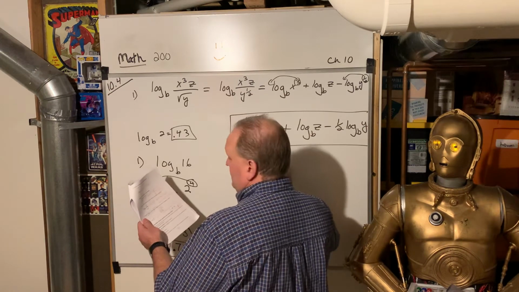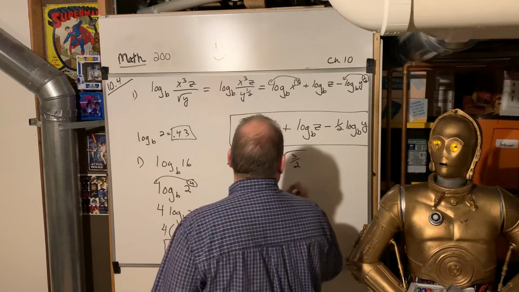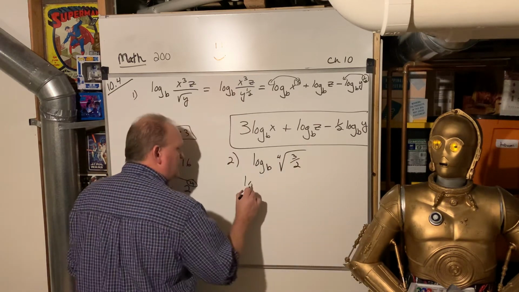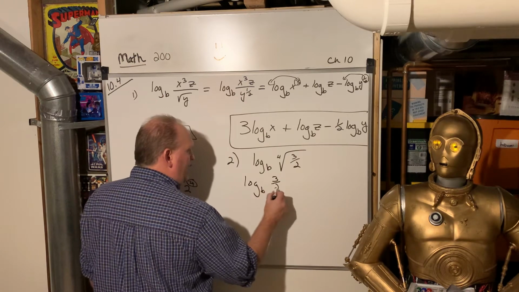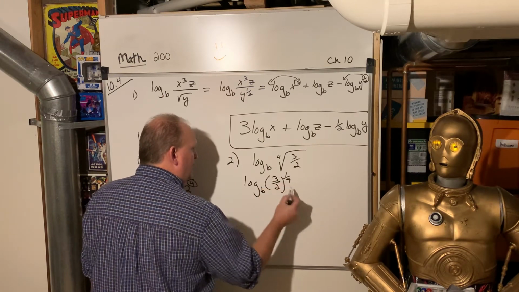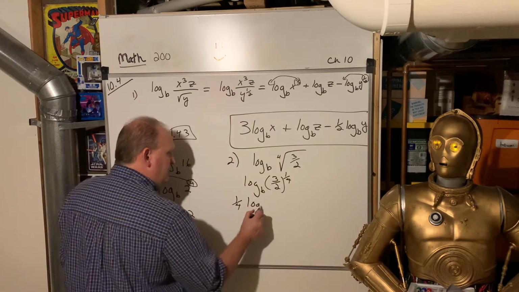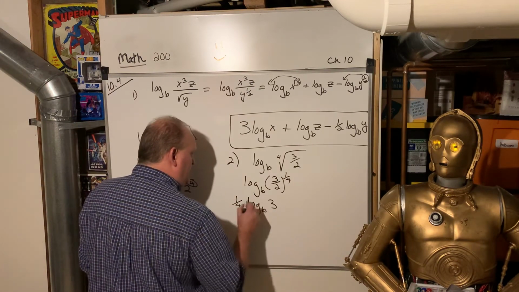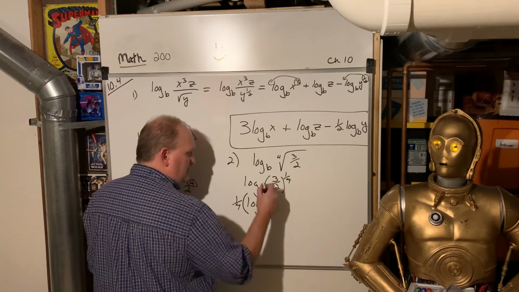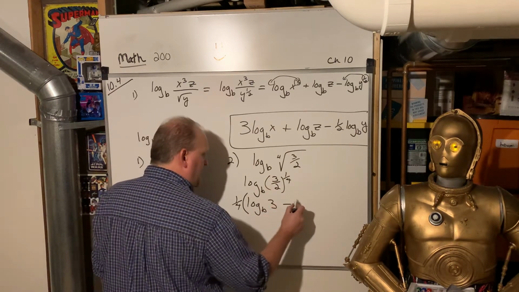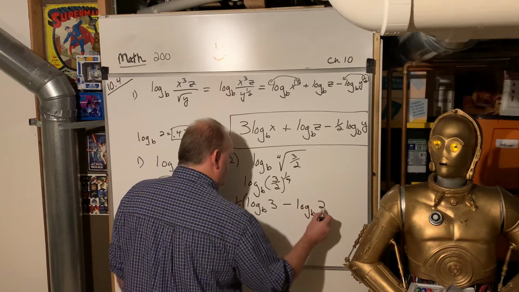Log base b of the 4th root of 3/2. You might think, well, we sure can't do this, but we sure can, because this is 3/2 to the 1/4 power. We'll pull that 1/4 power down. We got log base b of 3 minus, I'm putting it in parentheses because remember that's minus log base b of 2.